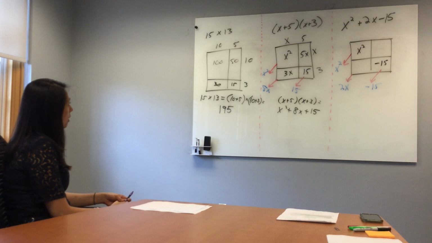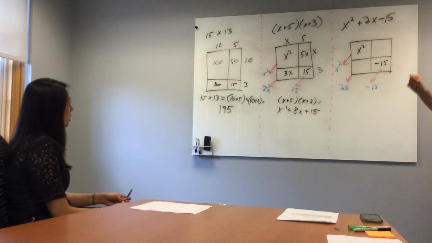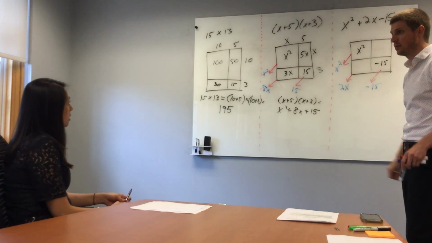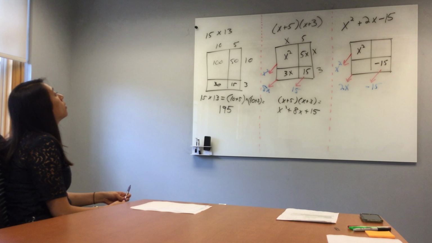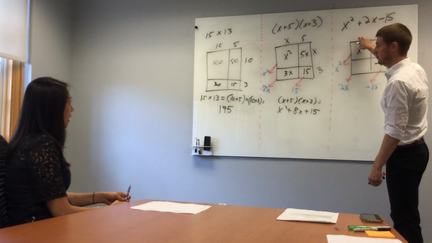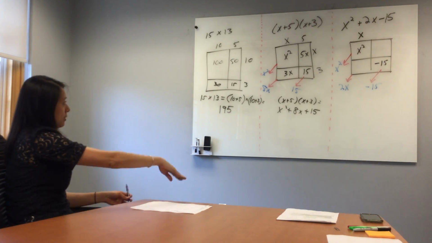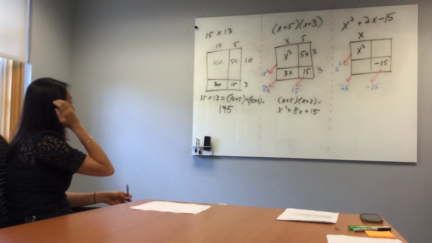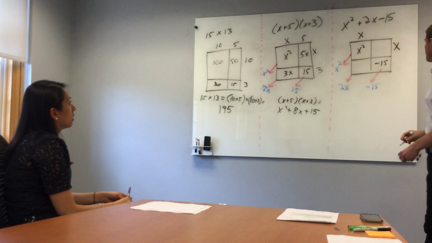What unknowns or blanks along your top and side could we automatically fill in? Do we know right away? Yeah, well, x times x gives you x squared, and so the top left-hand side will be an x, and down the side, the first value will be the variable x. Excellent.